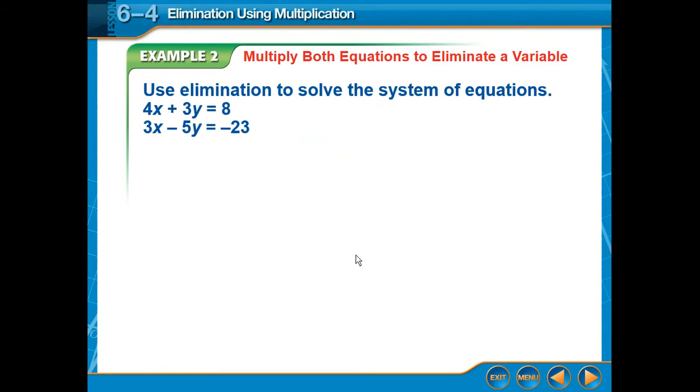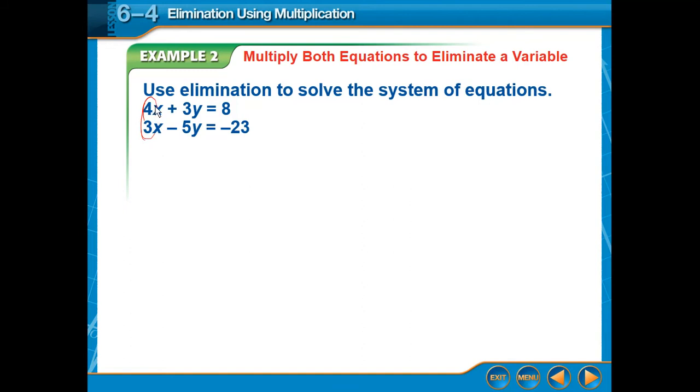Now in this case, I can't get these to be the same by just multiplying one equation. There's no number I can multiply 3 by to get to 4, or in this one, 3 to get to 5. So I have to multiply both equations by something. So you want to get to a least common multiple. If I want to get rid of x, let's say, I want to get 3 and 4 to be the same number.